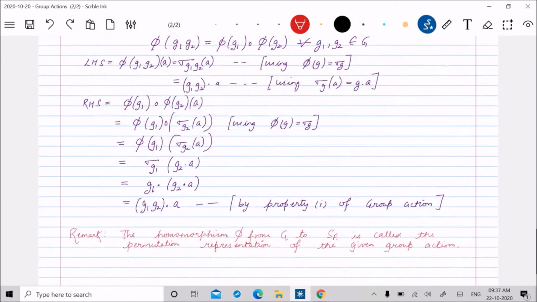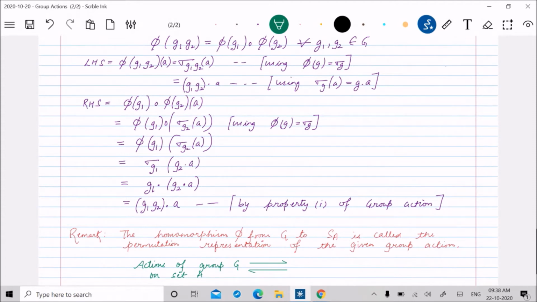And if you want to draw a picture for this, because that will be good for you to remember the actions of group G on set A: I make an arrow like this one, and a back arrow, this one. Both are reversible phenomena.